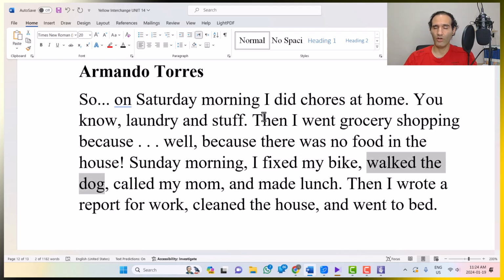Walked the dog. So, walk the dog. Did you walk the dog? What did you walk? Who did you walk? I called my mom, good, and made lunch. Then I wrote a report for work, cleaned the house, and went to the beach. Good.